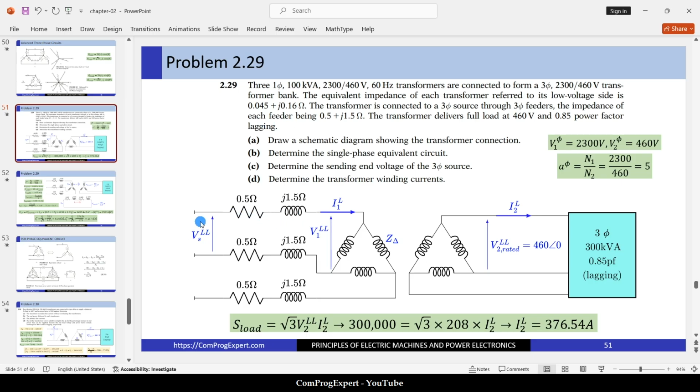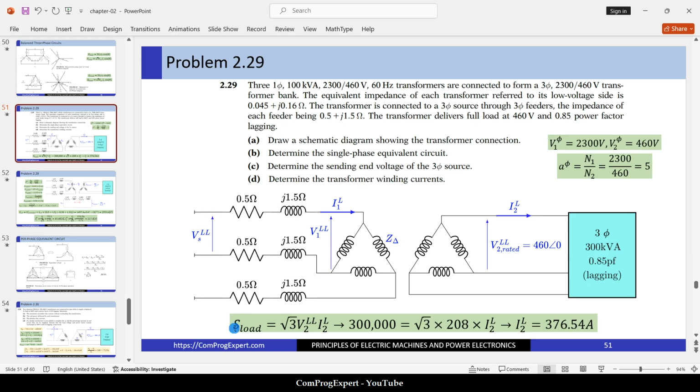So this is the source line-to-line voltage, and this is the line-to-line rated voltage for the secondary. I can calculate the amplitude of I2, the line current on the secondary side, using this equation.